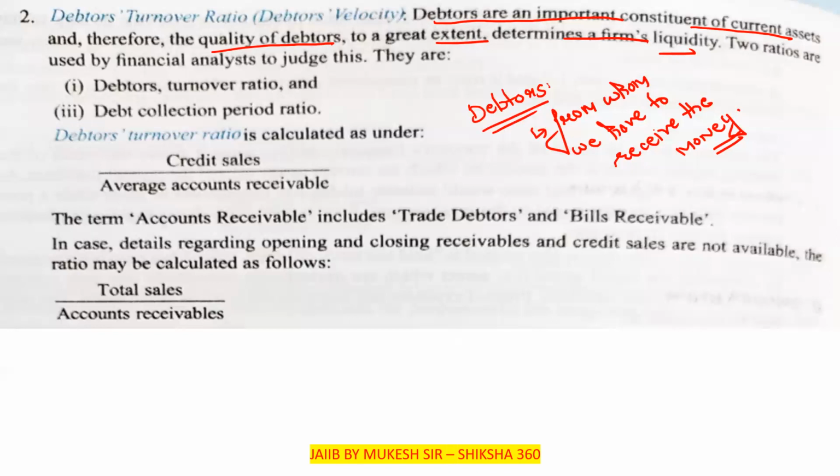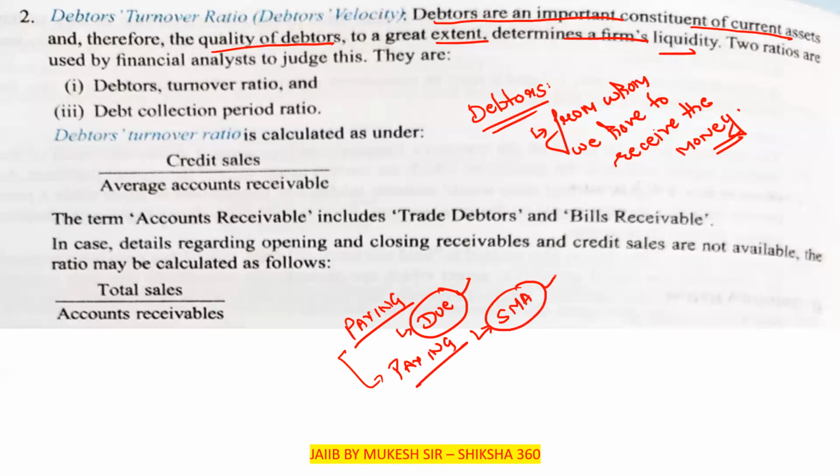Sometimes we will receive the money on time, and sometimes the other person will continuously delay. Like all of you are working in the banking sector. Some persons pay the installments when they are due. Some pay the installments when the account comes under the SMA category, that is special mention account category.